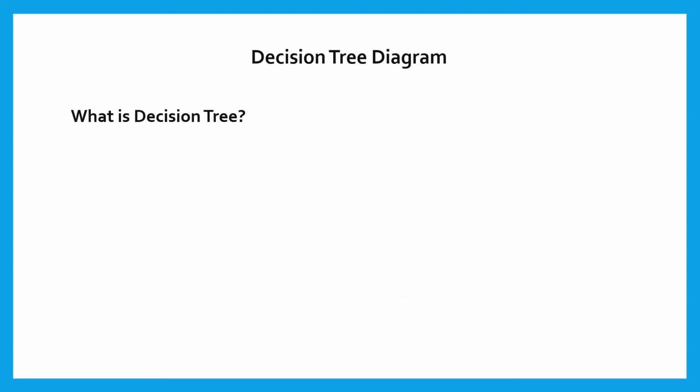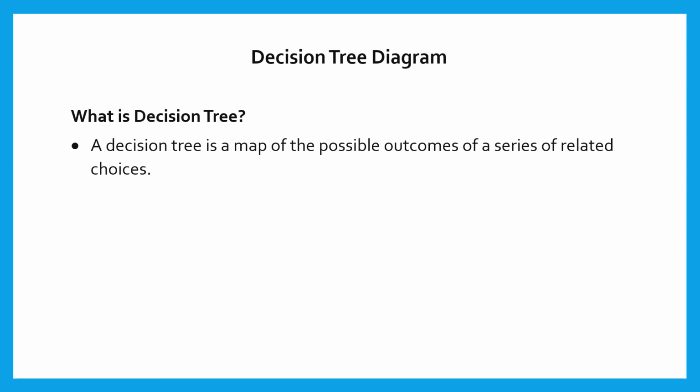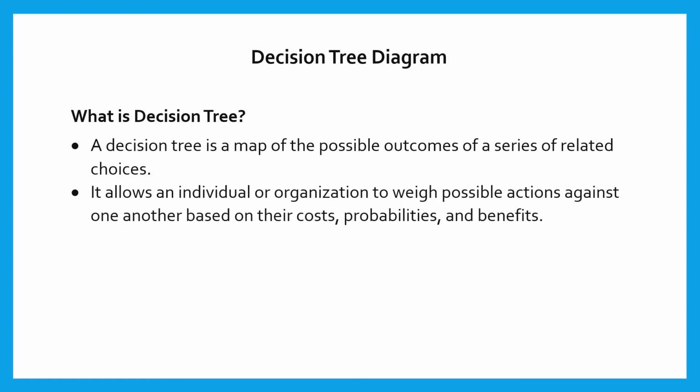What is a decision tree diagram? A decision tree is a map of possible outcomes of a series of related choices. It allows an individual or organization to weigh possible actions against one another based on their cost, probabilities, and benefits. A decision tree typically starts with a single node which branches into possible outcomes.